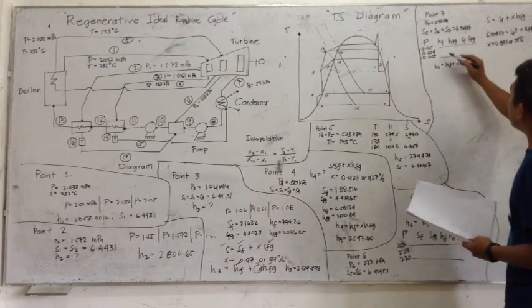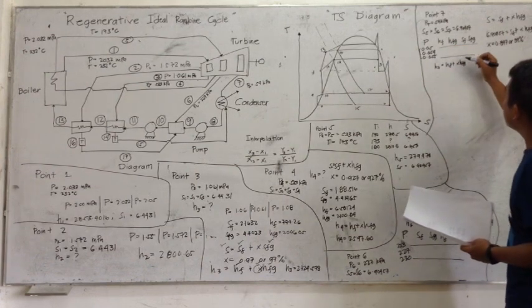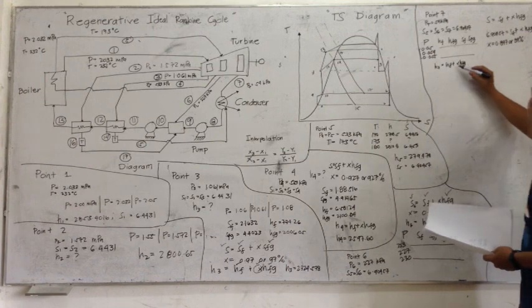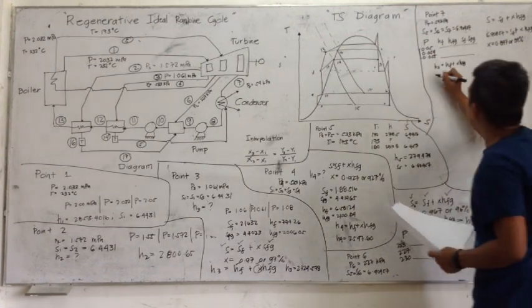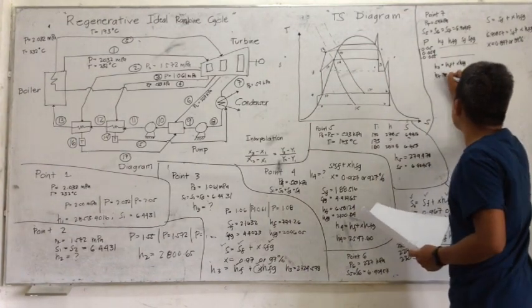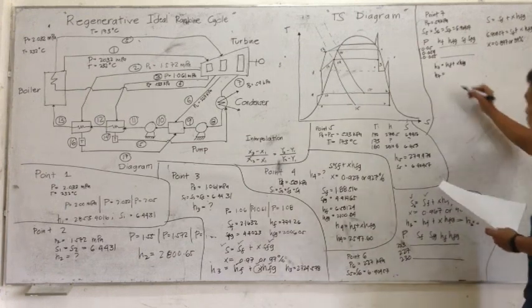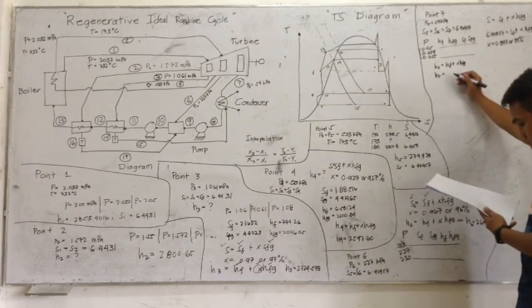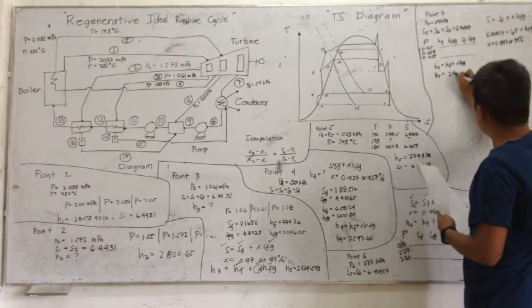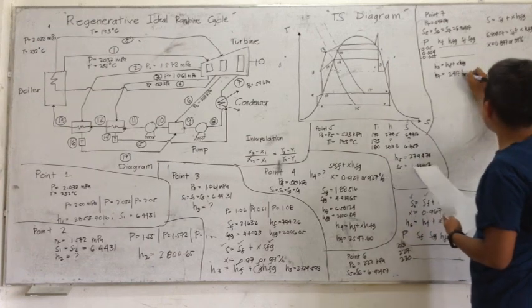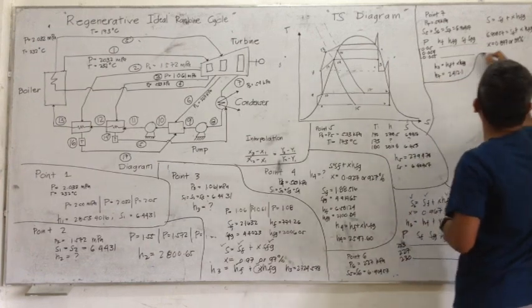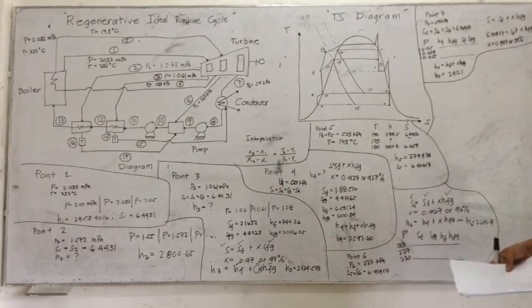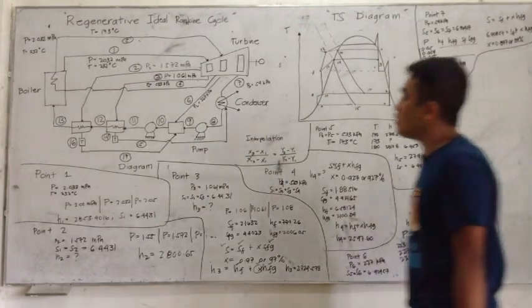HF, we already have by interpolating these three pressures. The quality X, we already have, and the HFG. So we can directly substitute these given numbers. We have an H7 of 2412.1. So now we are finished at our point 7.